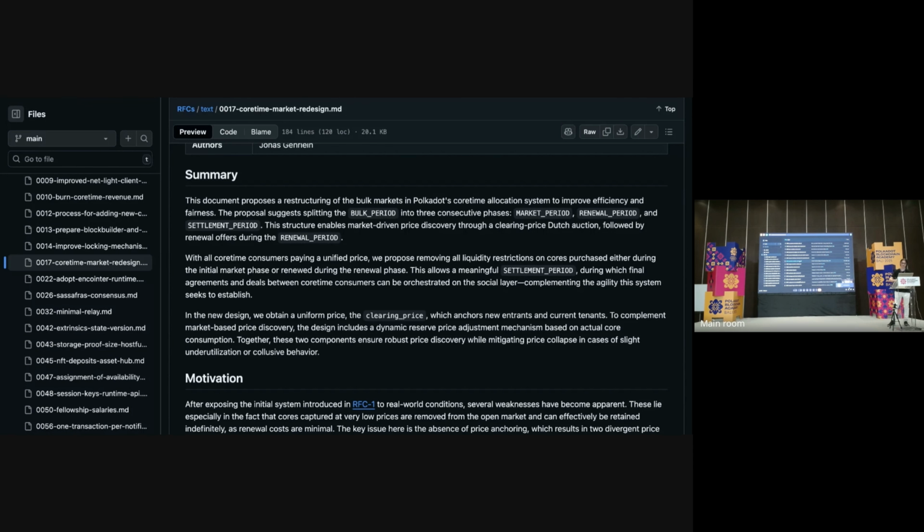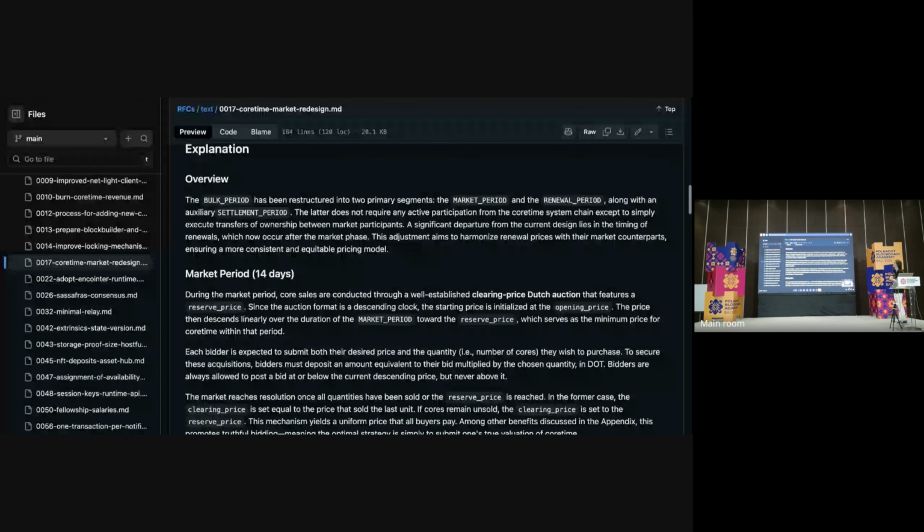And if we go into it, we have a small summary of what it actually does, if it loads in a second. And some of the motivation for what the changes are. And there will be a formal, but not super mathematical, I cannot understand it, explanation of this new model.